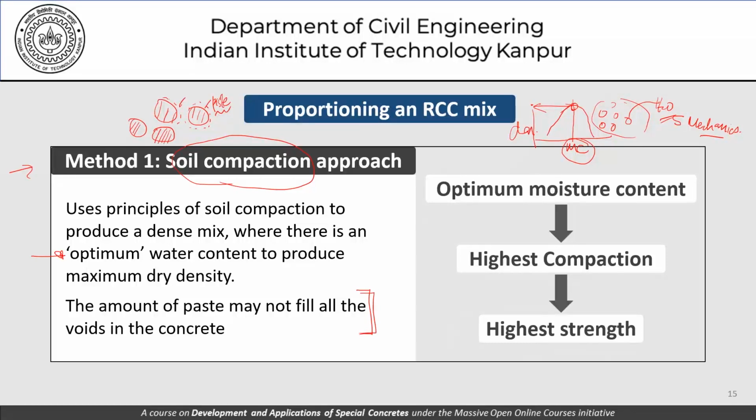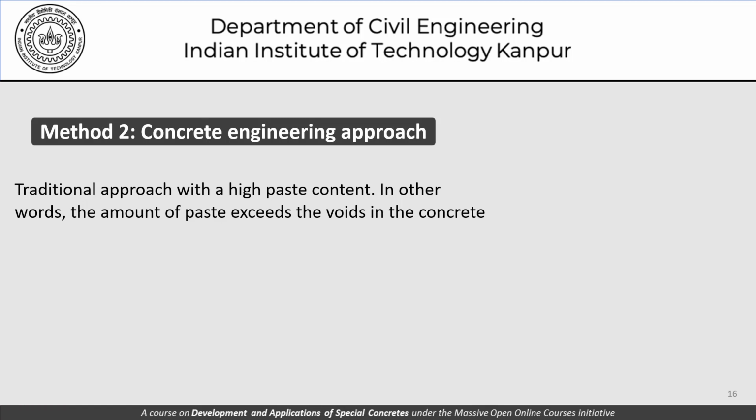facilitate maximum compaction. Compared to that, we have the concrete engineering approach as far as mix design is concerned, where we talk of a reasonably high paste content; in other words, the volume of paste exceeds the volume of voids in concrete, and these voids refer to the voids in the aggregate.